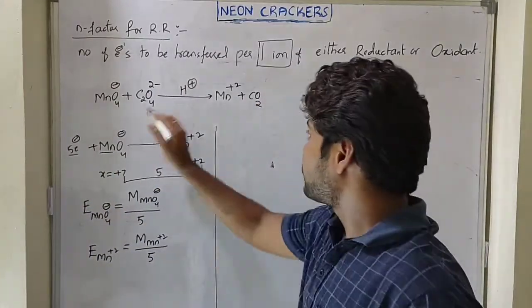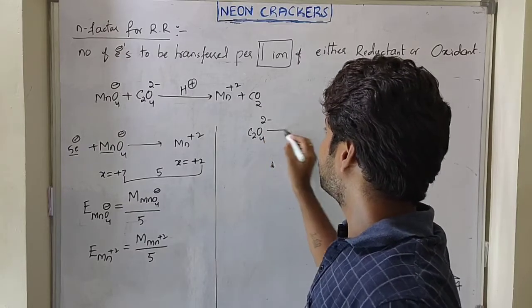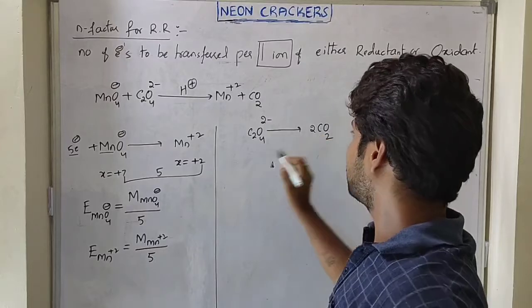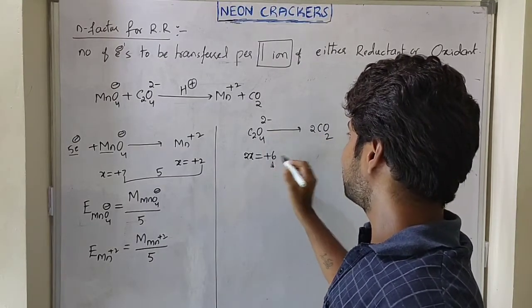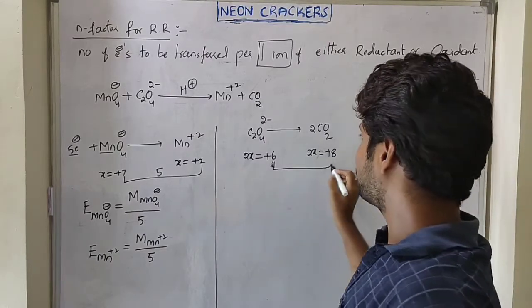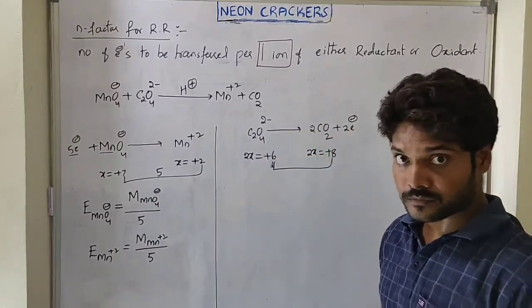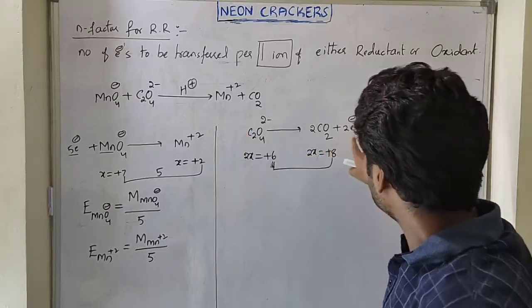And the next half reaction, oxalate converts to CO2. If you balance this one, 2 carbons, and 2x equals what? +6, here 2x equals +8 you can get, and the difference would be 2, so you can write here 2 electrons. Now here it is different. If you want to find the n factor for oxalate, per 1 ion 2 electrons are there.